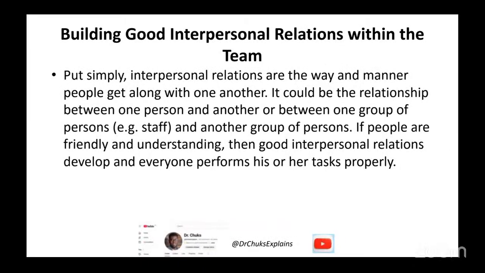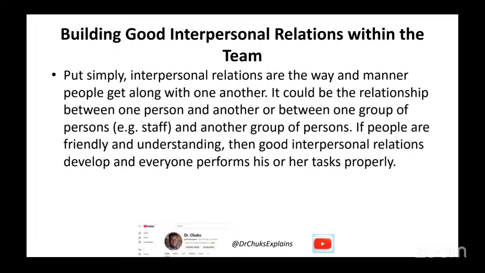This is quite important. Let us put this explanation quite simply. Interpersonal relationship or relations are the way and manner people get along with one another. It could be the relationship between one person and another, or between one group of persons, maybe the staff, and another group of persons, those in the top management level.